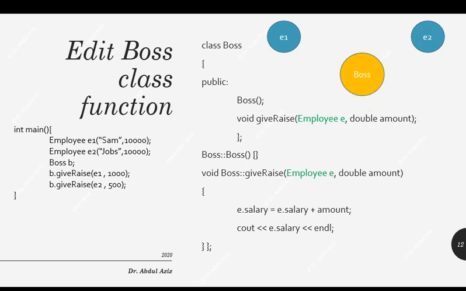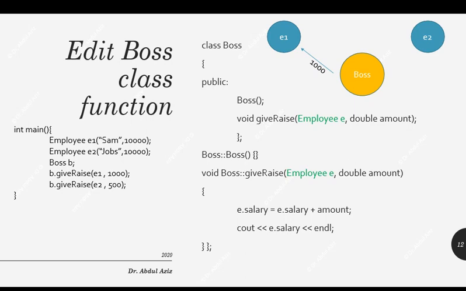Then we have created an object of boss, and now the boss is going to give a raise to E1. Because in the friend class we have declared boss as a friend, the boss object can easily access any object of the employee in the memory.